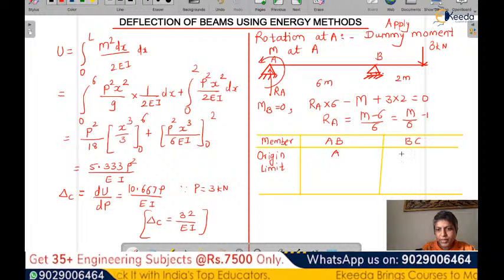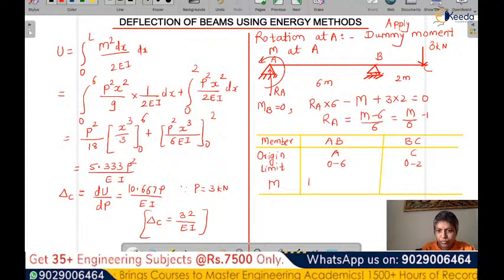So origin is A here, okay, AB, and this is C. Origin is C here. So this is 0 to 6, 0 to 2, and M is equal to, okay, this is RA, right? So consider moment about this point. This is X. Now M value, we know the RA is equal to M by 6 minus 1.